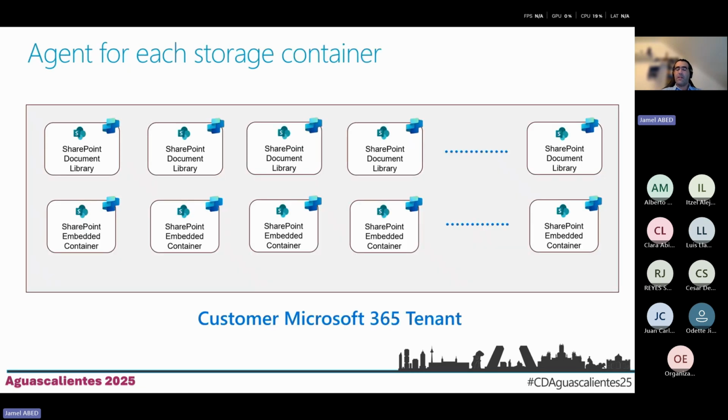This is why we propose to develop an agent. Actually, in Copilot Studio, we don't develop an agent, we configure an agent. We will add an agent for each SharePoint document library and for each SharePoint Embedded container.